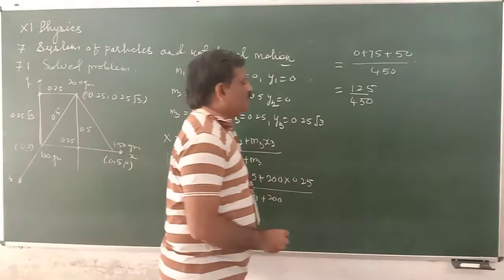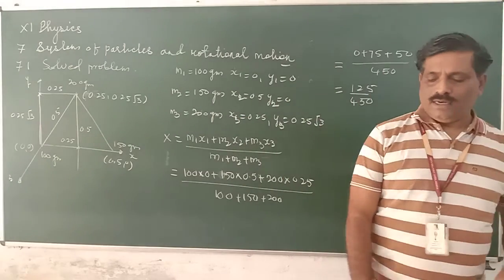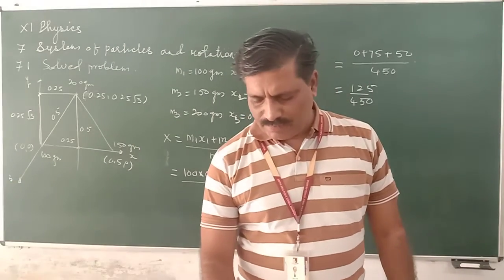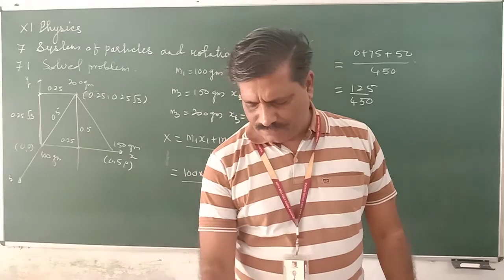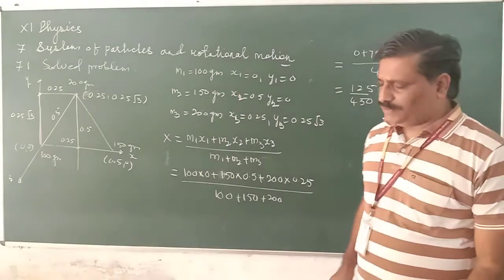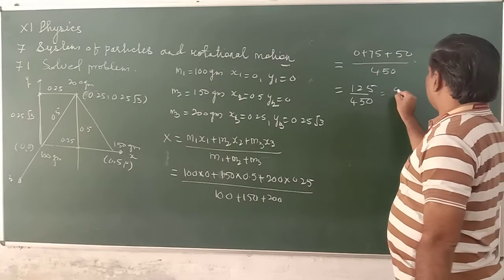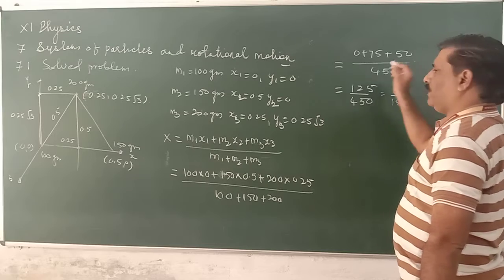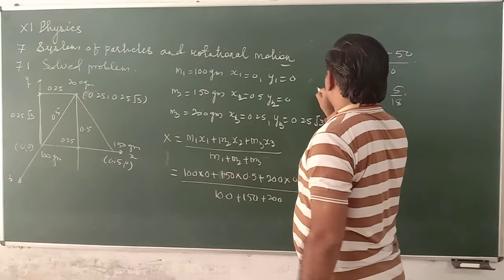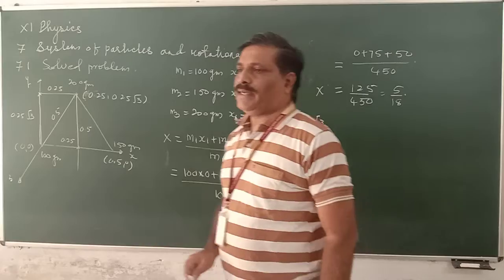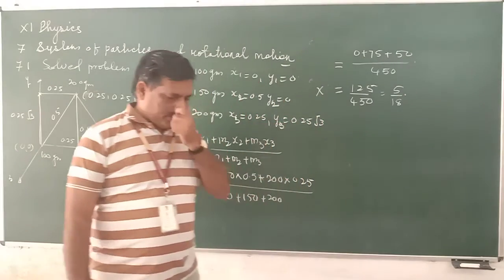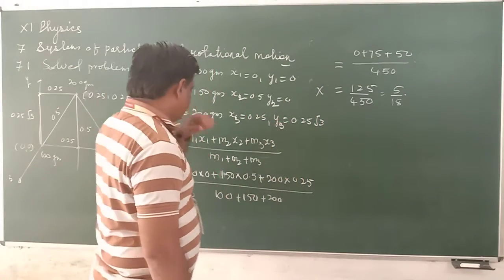You can easily see that this is 125 divided by 450, which becomes 5 by 18. This is x. The X coordinate of the center of mass is coming as 5 by 18.